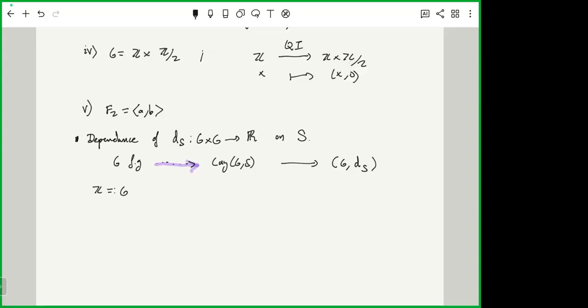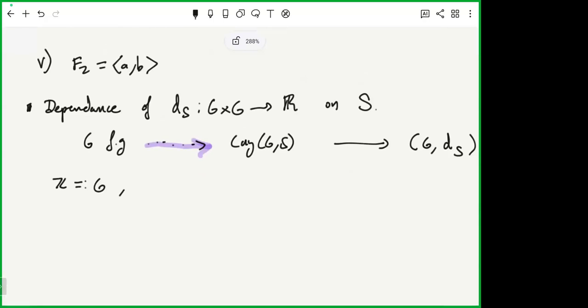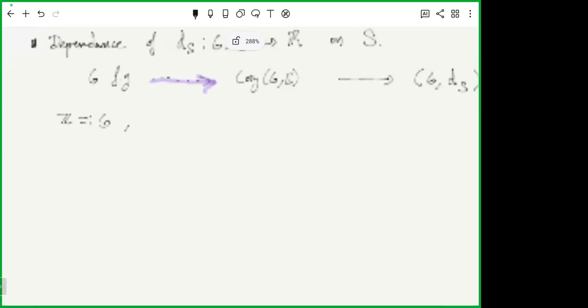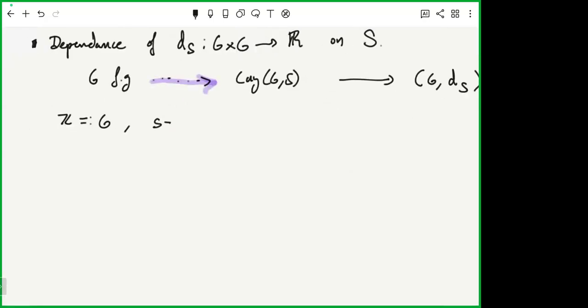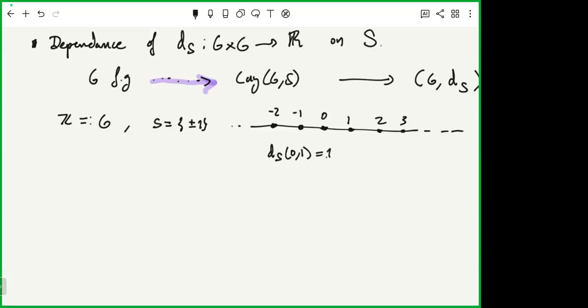So I can now choose different systems of generators. The easiest one, and the one I chose earlier, was plus minus 1. Then this becomes a bi-infinite ray. So this could be the Cayley graph: there's 0, 1, 2, 3, and the distances are exactly what you would expect. For example, the distance between 0 and 1 is 1.